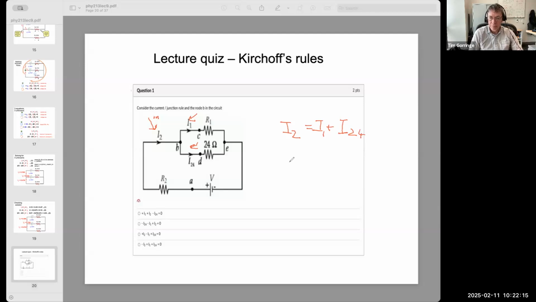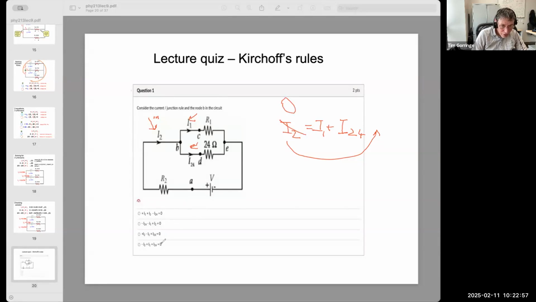So this is a relationship between the currents in and out using Kirchhoff's rule. Now I look down here and I don't see this equation, but I see an equation that is equivalent to it. What they've done is move I2 to the same side of the equation as I1 and I24 and give it a minus sign, and they've put a 0 on the side that they moved I2 away from.